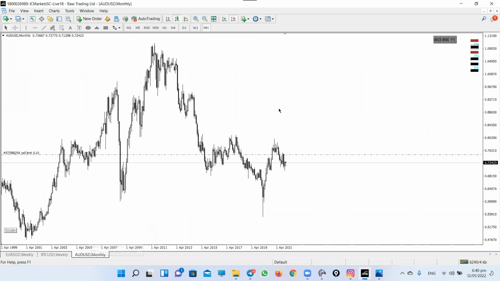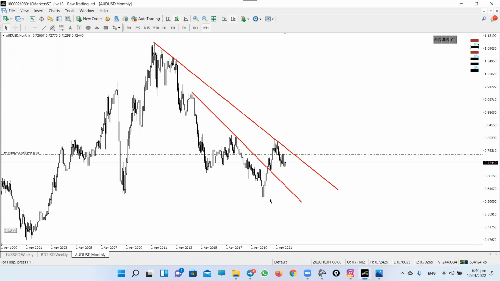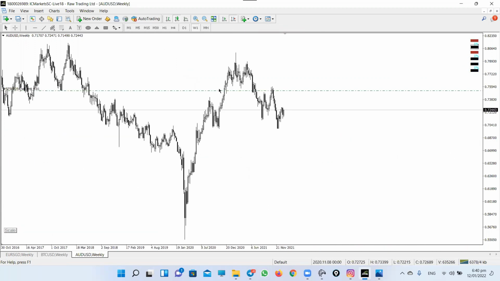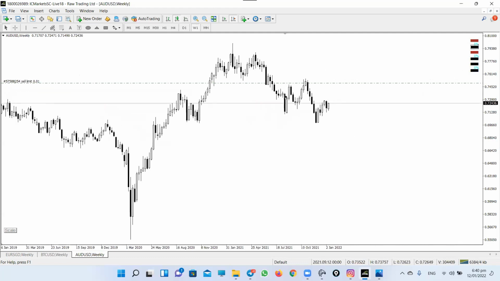What's happening on Aussie USD? You can see that that was our alignment of the higher time frame trend line. Market just dropped there after testing the descending trend line, but here this is another side. On lower time frame, if you see, we've got so many opportunities here.